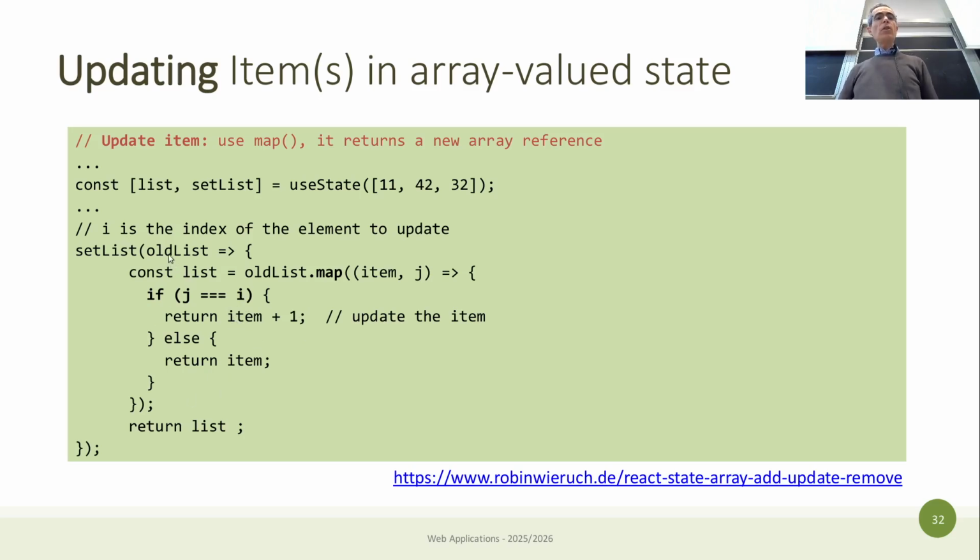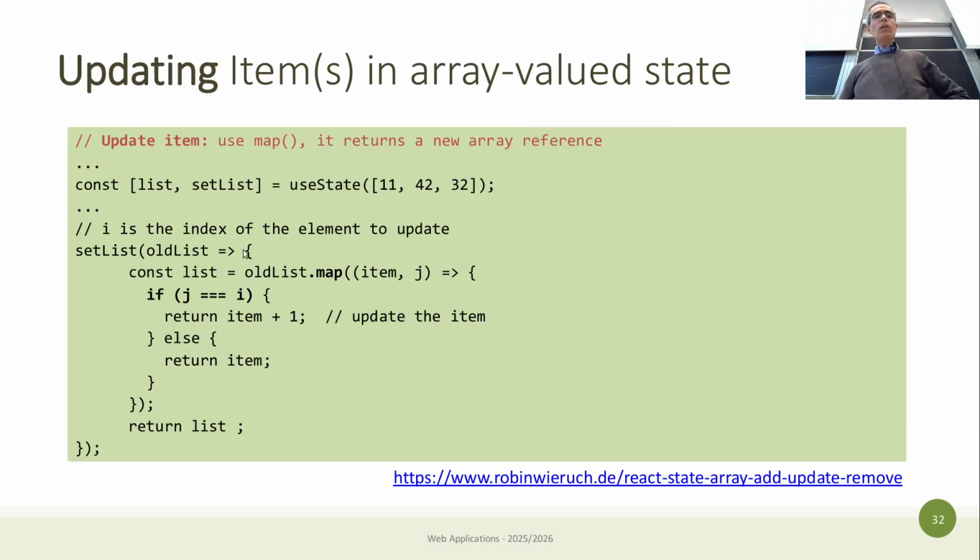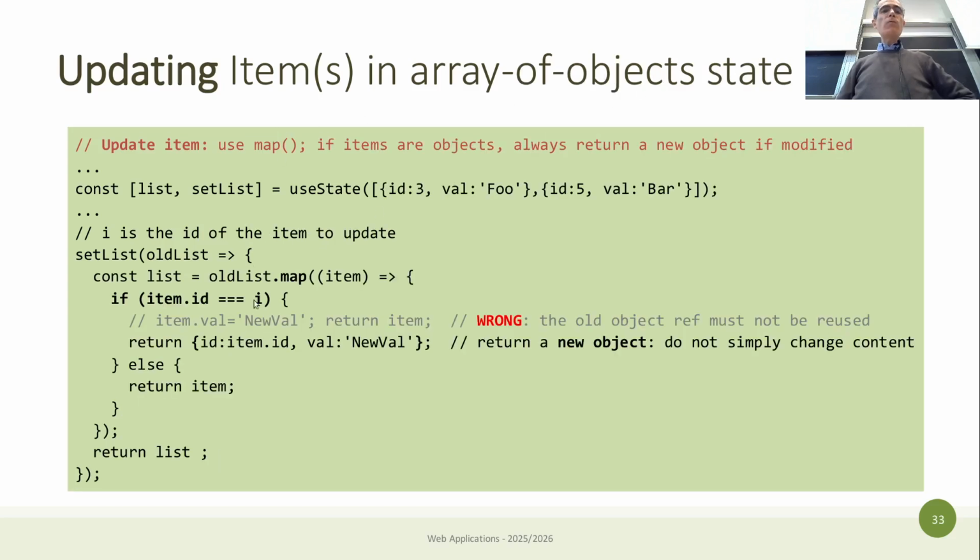Note that we pass a function, okay? Also before, we passed a function, all list arrows. This function will be called by React when it's time to update the state with the old value of the state.